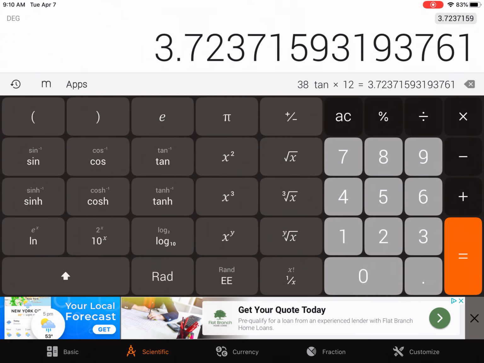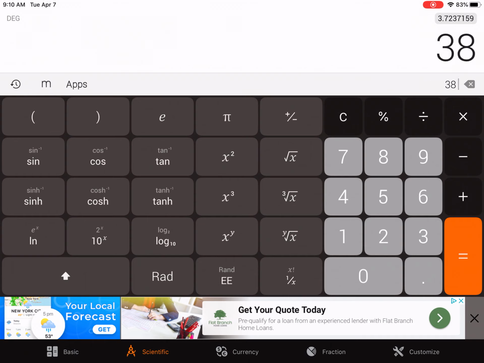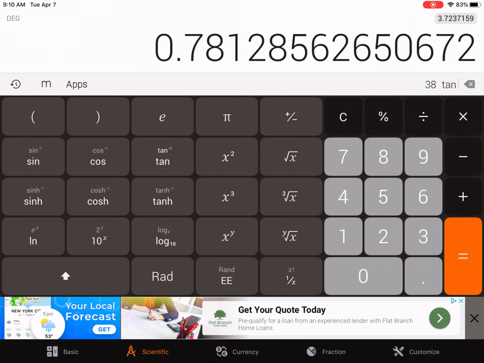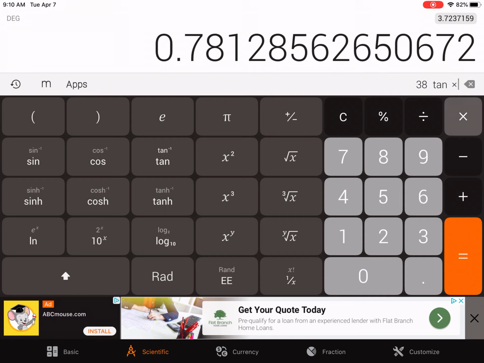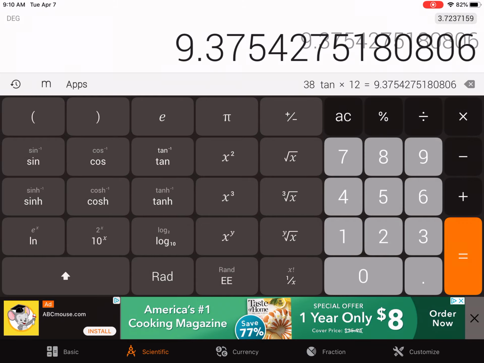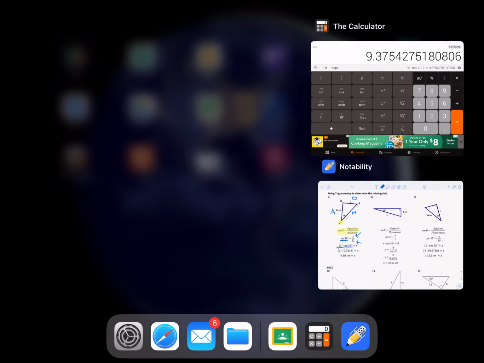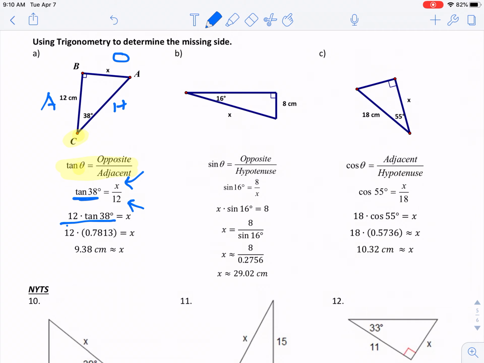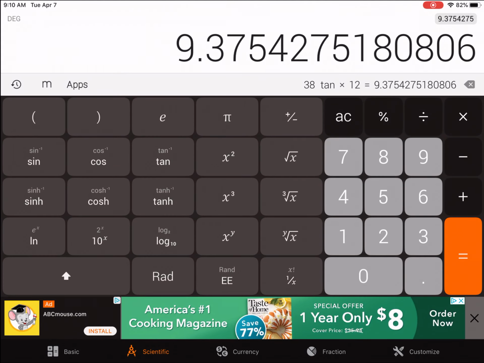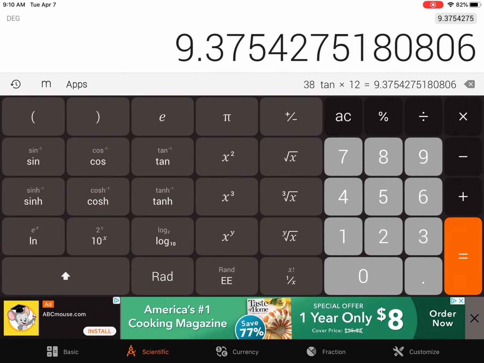I don't think so. So 38 tangent, oh yeah, 9.3. There we go. Huh, what did it do?